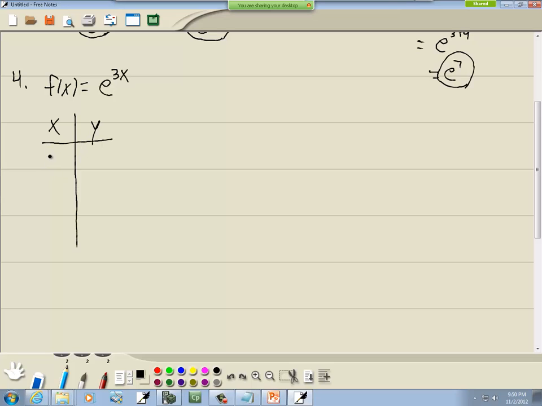Well, I'll do negative 2, negative 1, 0, 1, and 2. So this would become e to the 3 times negative 2, which is e to the negative 6, which is 1 over e to the 6.